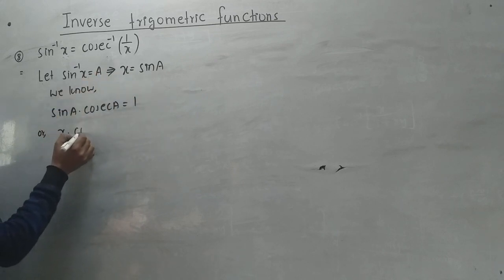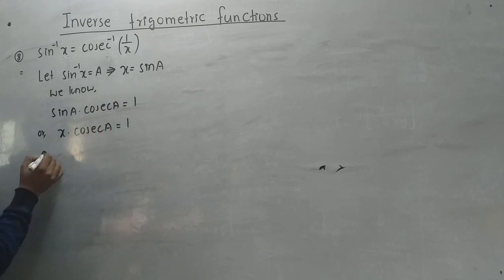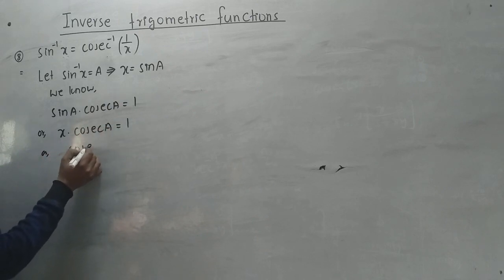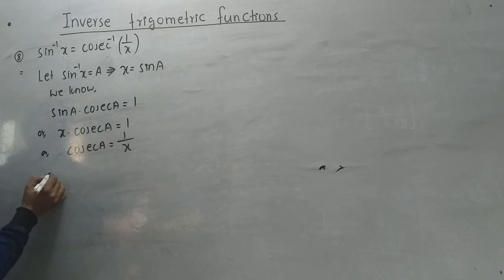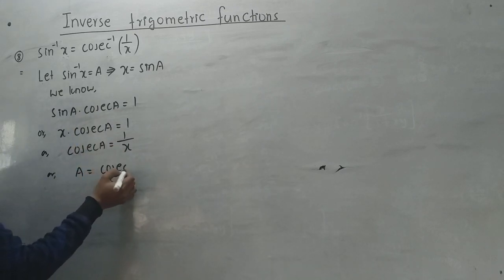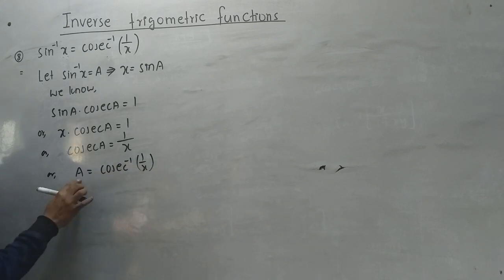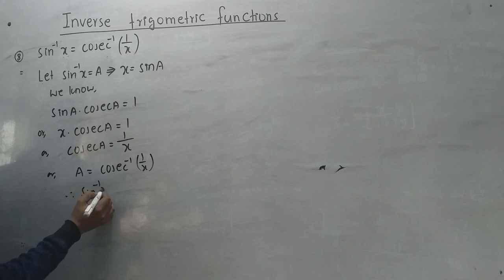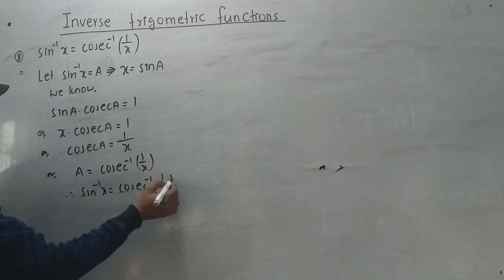So x times cosec A is 1, or cosec A equals 1 by x, or A equals, you take this cosec to the right side, cosec inverse 1 by x. Therefore for A the original replacement is sin inverse x. Sin inverse x equals cosec inverse 1 by x.